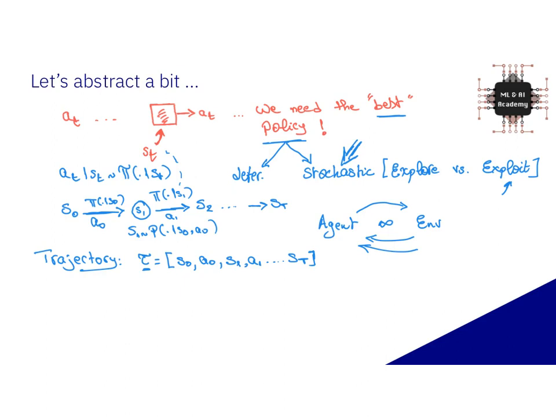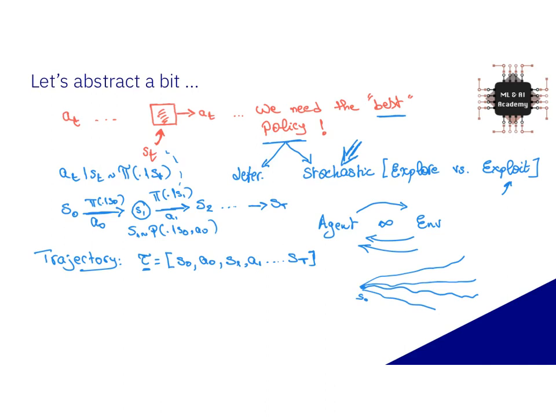It is a stochastic vector depending on the actions and transitions sampled. Starting from S0, you might have drifted to this trajectory, or this one, or this one, and so forth.